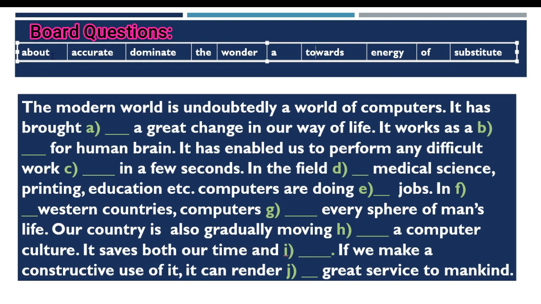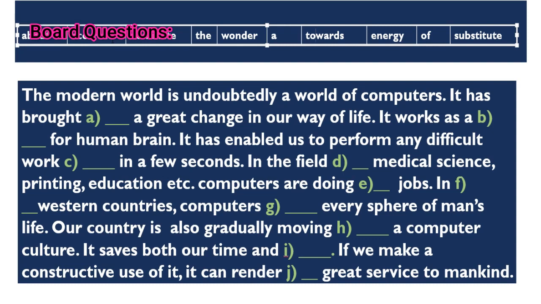The first word, about, is a preposition; accurate is an adjective; dominate is a verb; the is an article; wonder is a noun; a is an article; towards is a preposition; energy is a noun; of is a preposition; and substitute is a noun. Remember, dear students, it's not necessary that all the clues will be the same. In some cases, the noun, verb or adjective can be changed if it is necessary.